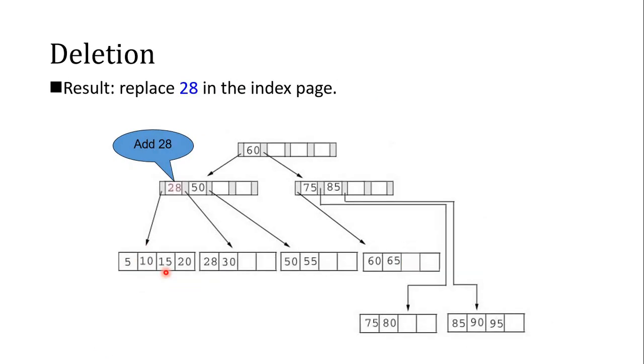If we replace the value 25 with 28 here, the left of 28 will have lesser values, and the right of 28 will have higher or equal values in the data node, and other parts of the tree remain the same. So there is no change required.